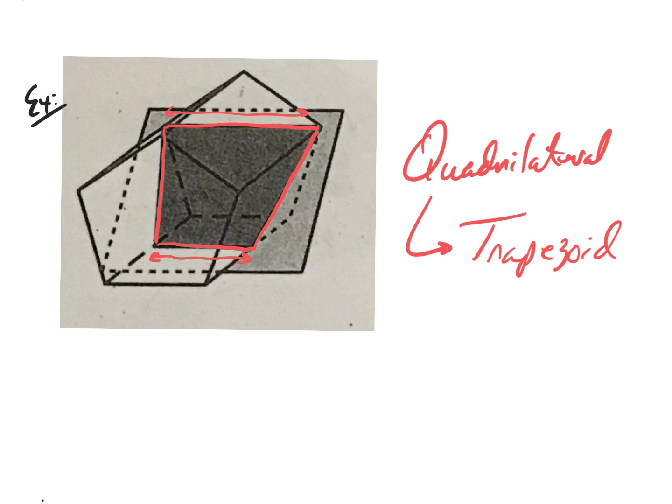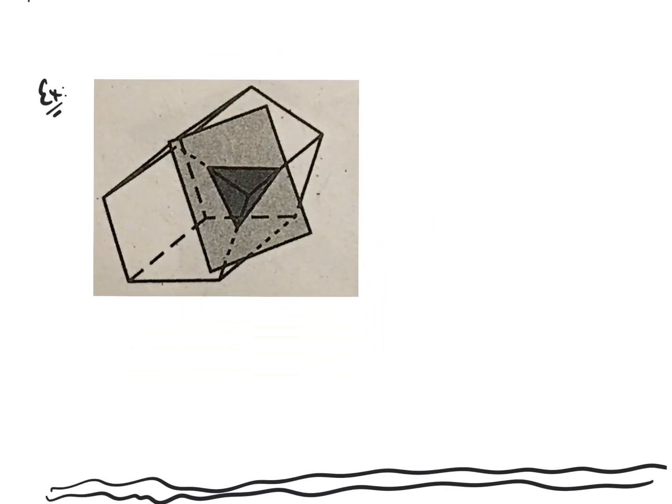Okay? And the final one here, I think this is my last one. We have that same darn shape. It's that same solid that has the pentagon on the end. But this time we've tipped the plane at a kind of a weird angle. And again, I'll outline the intersection.